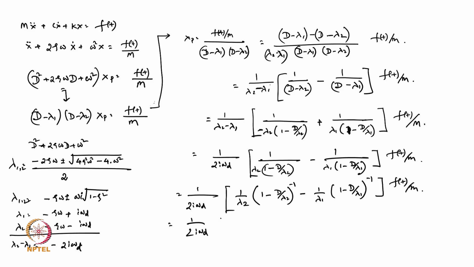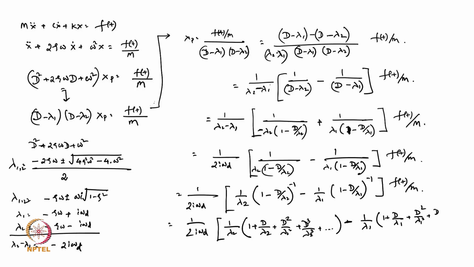So 1 by this equals 1 plus D by lambda 2 plus D square by lambda 2 square plus D cube by lambda 2 cube, minus 1 by lambda 1 into 1 plus D by lambda 1 plus D square by lambda 1 square plus D cube.